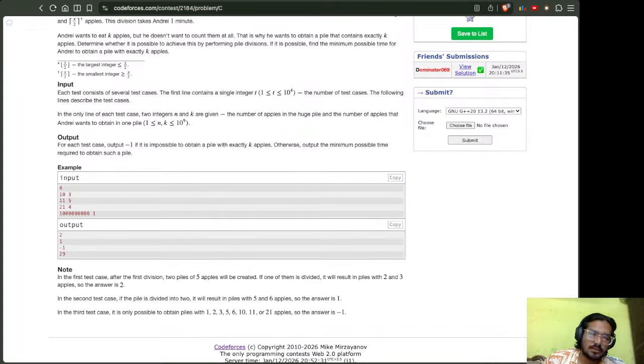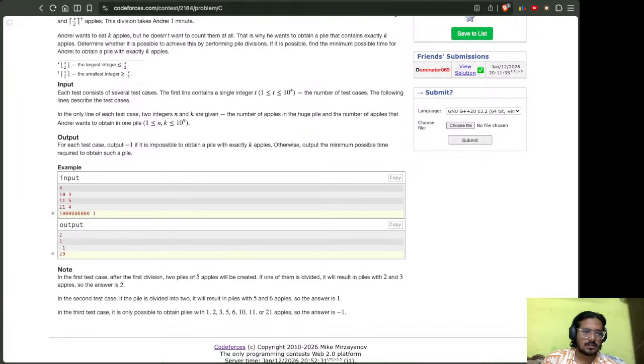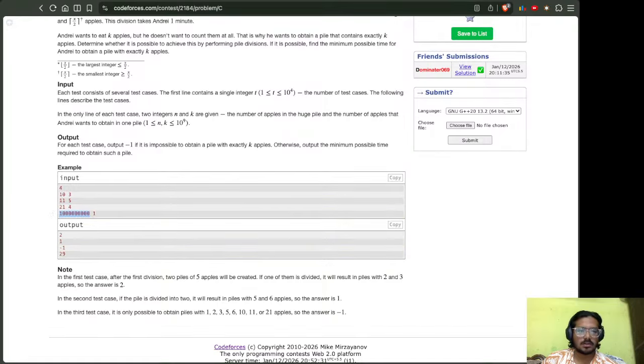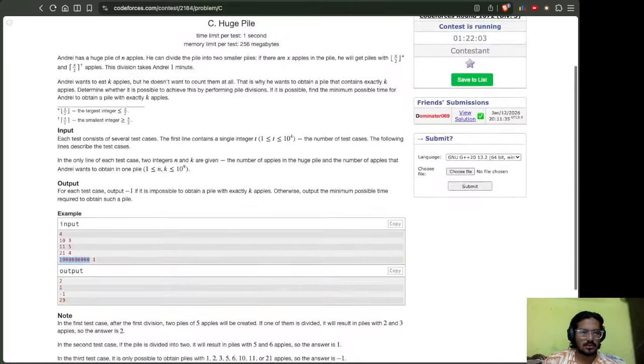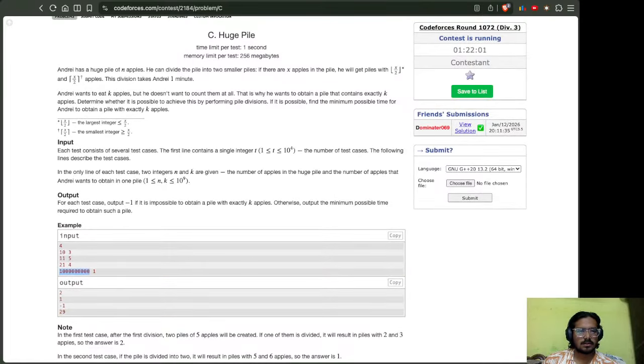So how many divisions will this take to reach 1? We keep making it smaller and smaller and get 29, right? Yeah, it's taking logarithmic time, since it's divided by 2.